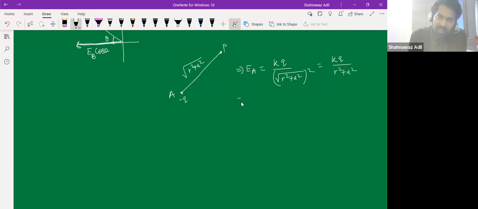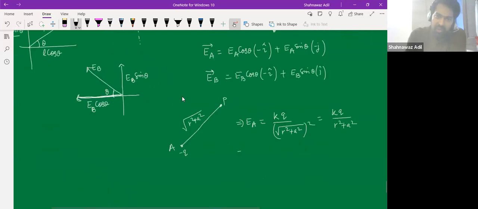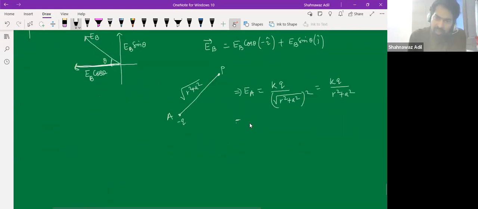Similarly, if we calculate EB, then again that is the same separation, same charge. So EB would also be KQ by root of R square plus A square, whole square. So that is again this one.